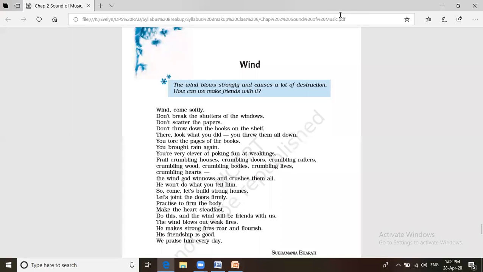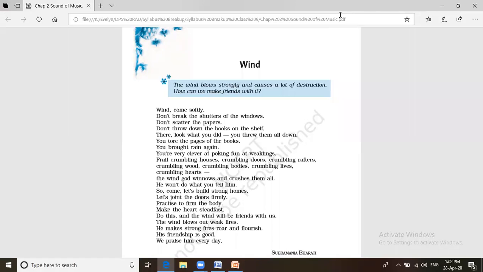So what we are going to do here is I am going to ask you to explain a few lines at a time. We will begin from the first 4 lines.